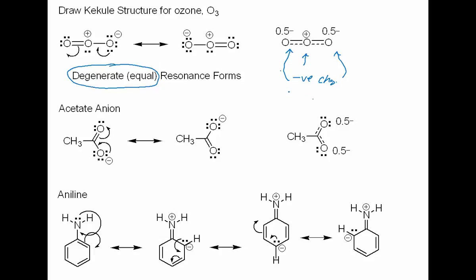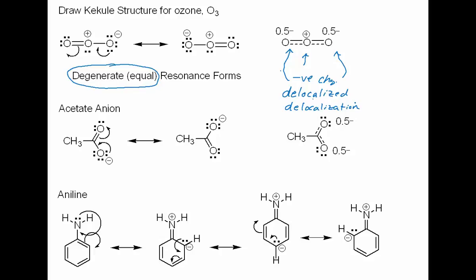We say that the negative charge is delocalized. This is an important word in organic chemistry. And delocalization. Okay, we're going to use these words a lot, and they just refer to spreading, in this case, spreading the negative charge over 2 atoms instead of having it exist completely at 1.